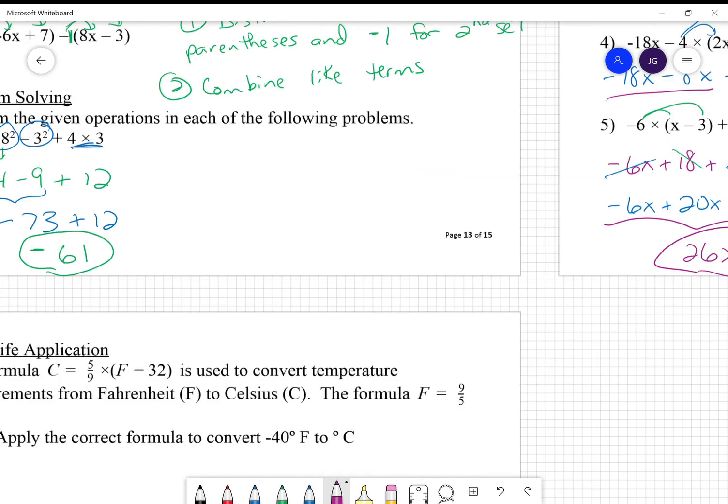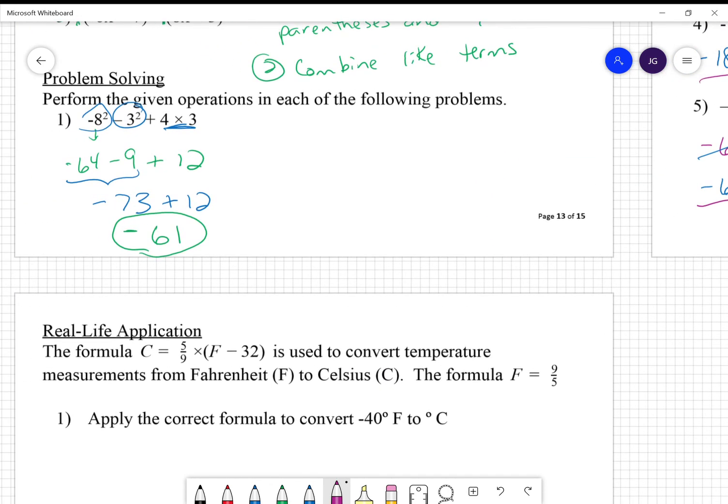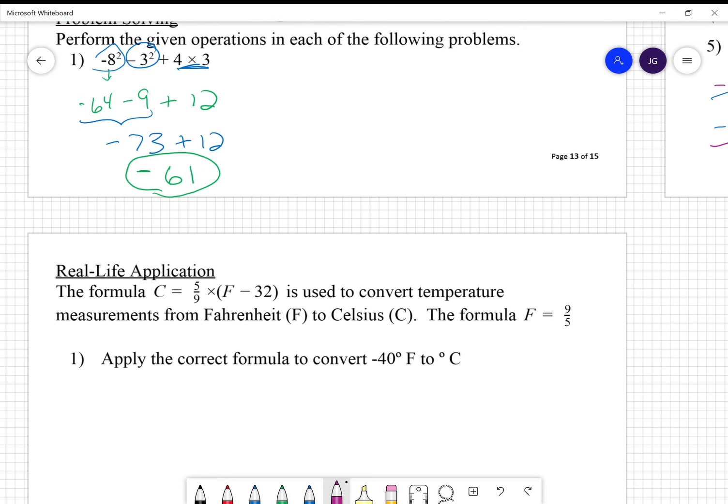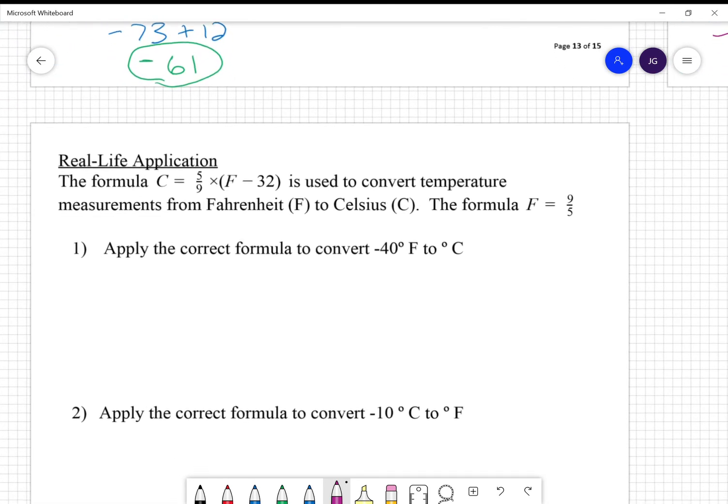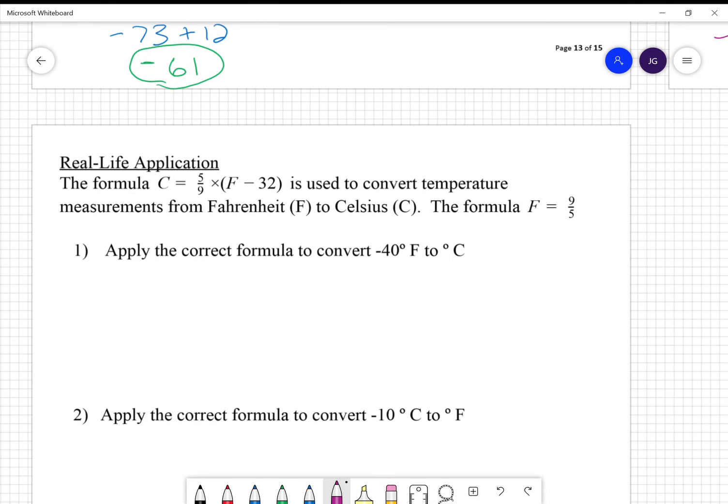Next page, I have a real life application problem. The formula C equals 5/9 times F minus 32 is used to convert temperature measurements from Fahrenheit to Celsius. It looks like this next part got cut off.